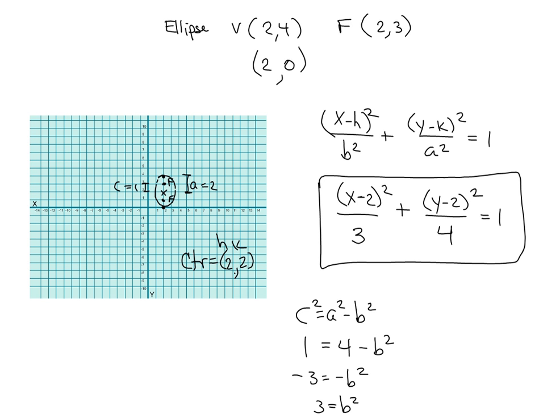If you take a look at the problems in the middle of page 655, you'll see that there's some variety. Sometimes they'll give you both vertices and both foci. That helps you find the center also, because the center's got to be in the middle of both the vertices and the foci. So it's pretty easy to narrow down.